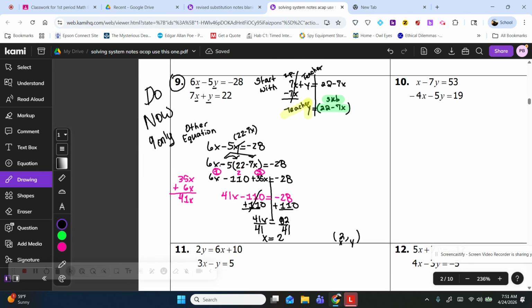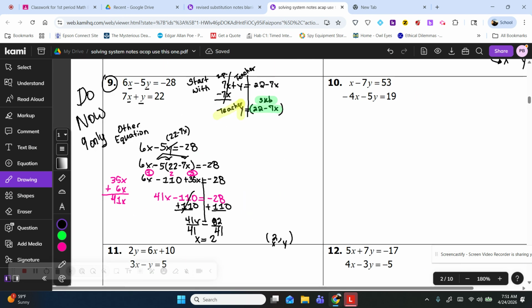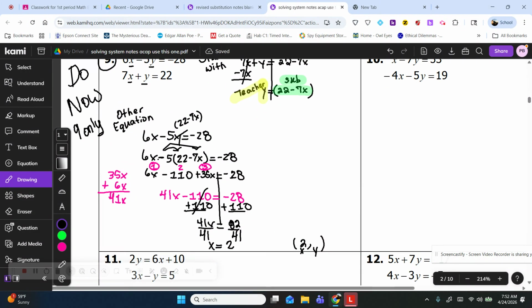Who knows how to get the y? Substitute the 2 for x. Now y'all listen. Everybody listening to me? I'm going to start moving. You can see me moving back and forth. Where did we start? We started at the problem that had the teacher and the sub.